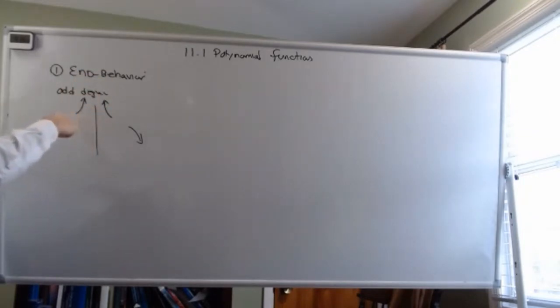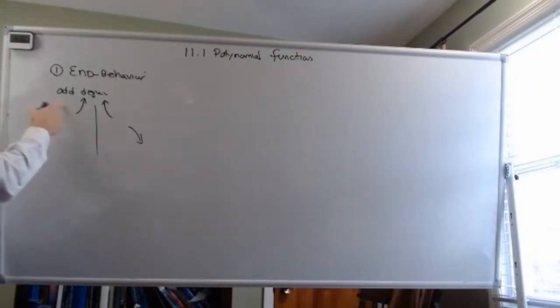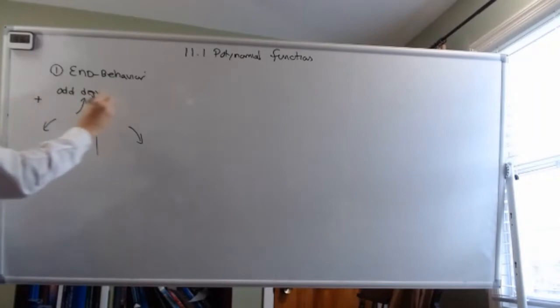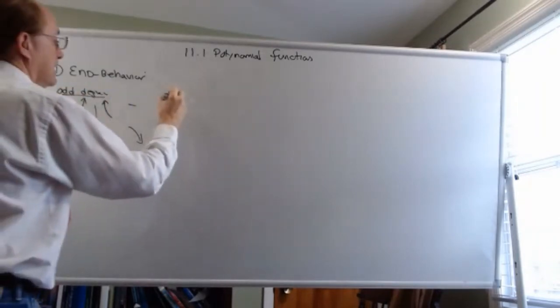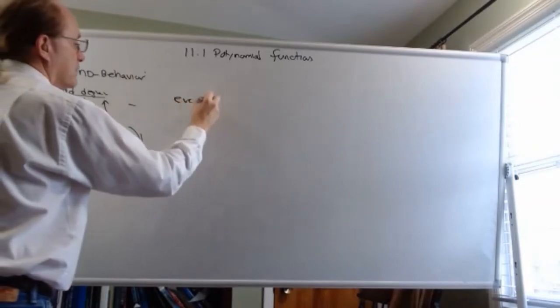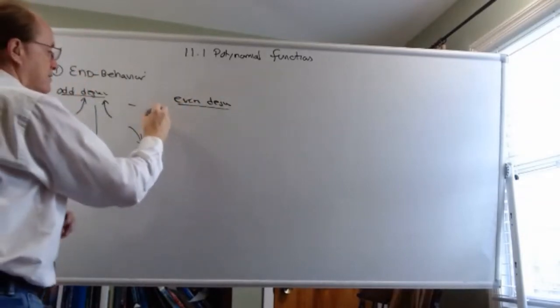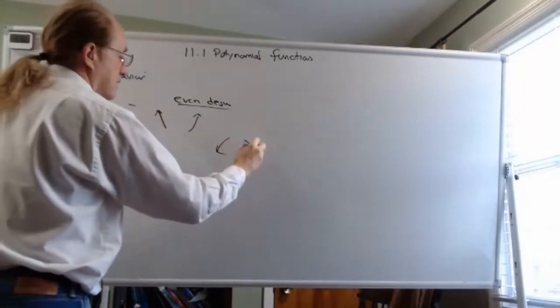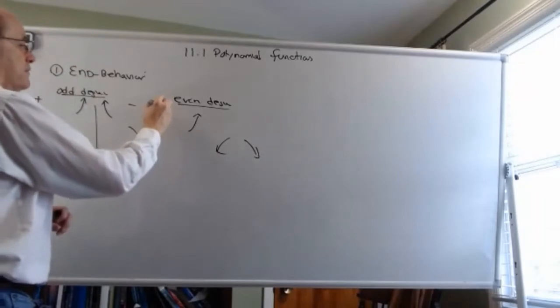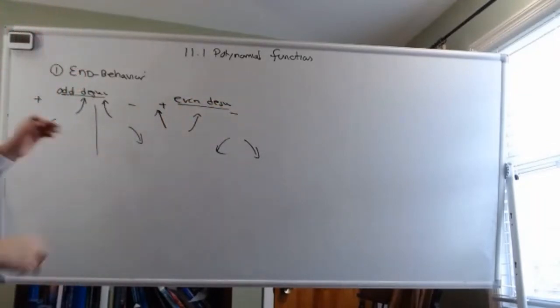This depends upon the sign of the leading coefficient. This is where the leading coefficient is positive, and this is where the leading coefficient is negative. We also have an even degree polynomial, and its end behavior will look either like this, or it will look like this. And this is the leading coefficient positive, the leading coefficient negative. So that's the end behavior.